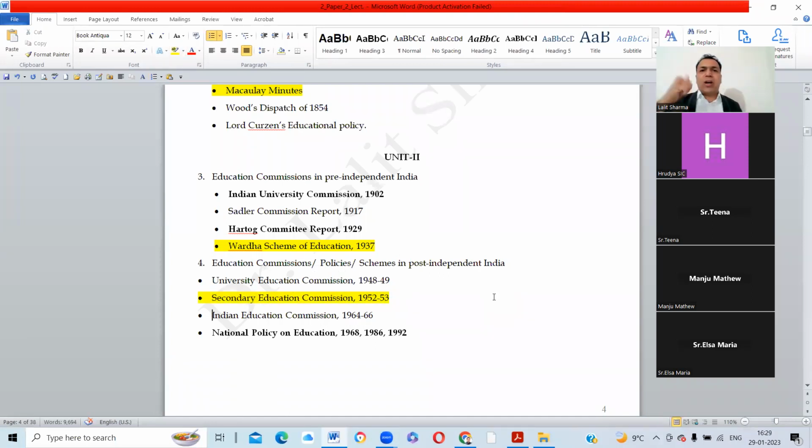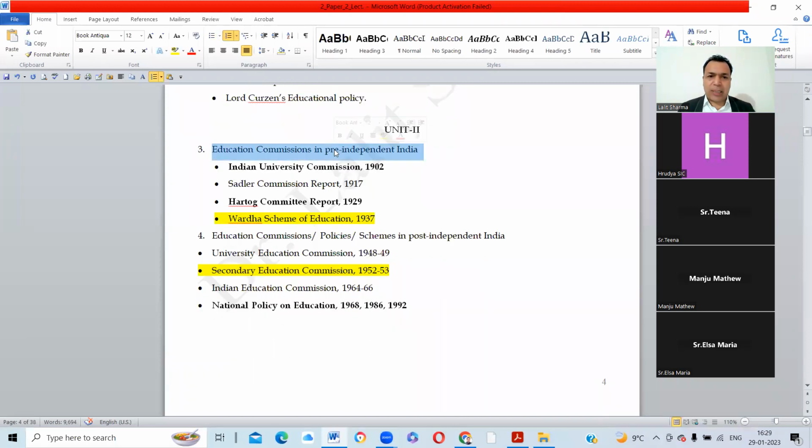So guys, out of these 2 you have to attempt 1. Whatever the chapter you do, complete all the questions. If you start from the 3rd chapter, Education Commissions in pre-independence India, learn all the 4 commissions, right? It doesn't mean do 2 from here and 2 from there. So you can see the pattern.